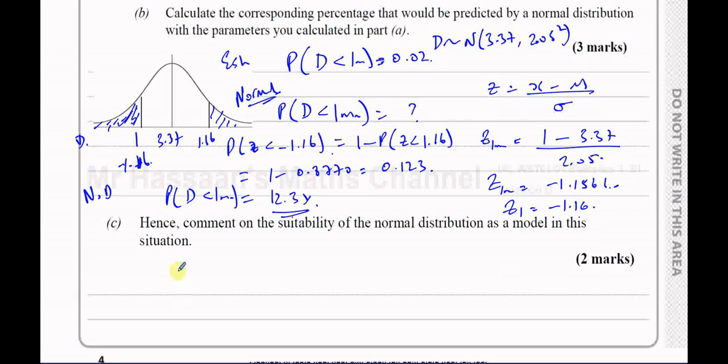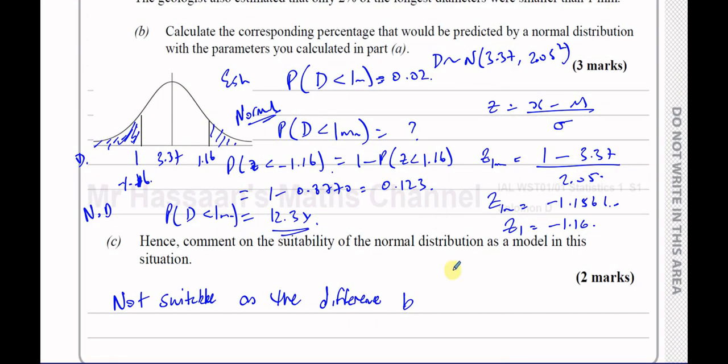We can say it's not very suitable, as there is a large difference between the estimates. 12% and 2% is quite a large difference. So I would say it's not suitable.